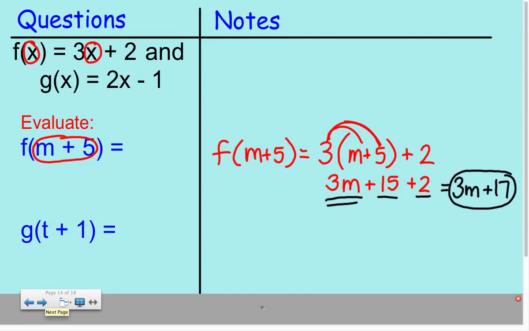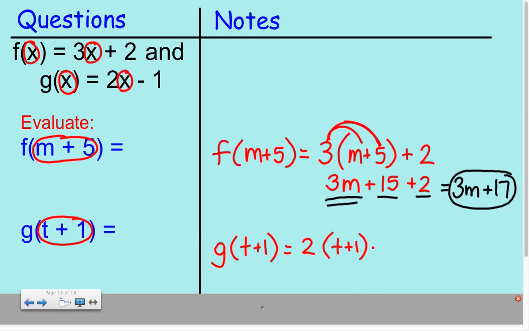And the last one. g of t plus 1. So I'm going to take t plus 1, and I'm plugging it in the g equation right there and there into the x's. So g of t plus 1 equals 2 times t plus 1 minus 1.